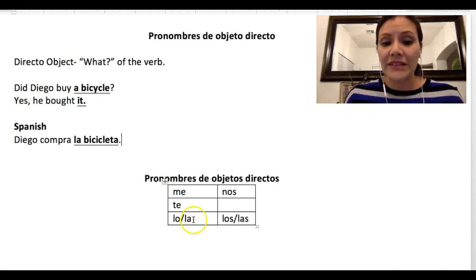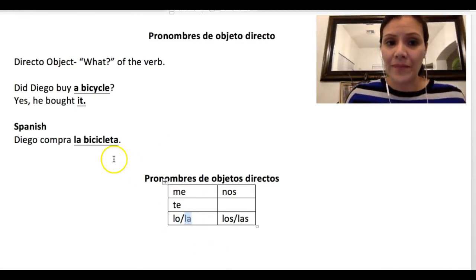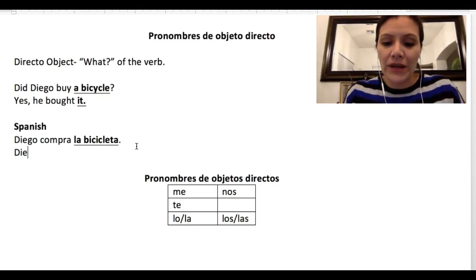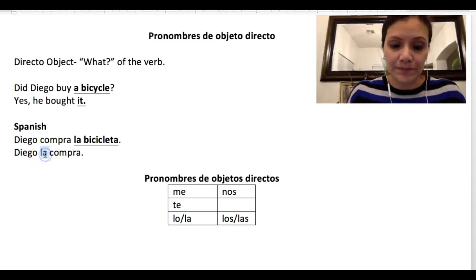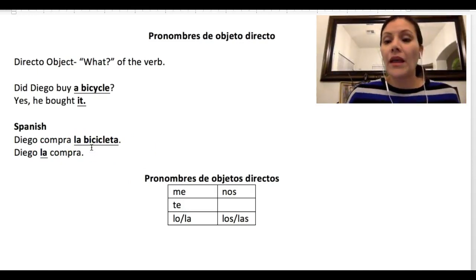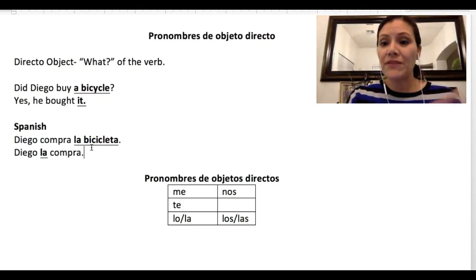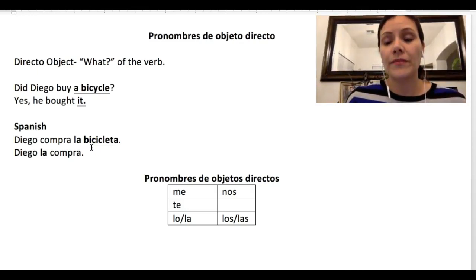So we will replace it using la. And that means that we can rewrite this sentence using the it form of Spanish for Diego la compra. Note that we are placing this direct object pronoun before the conjugated verb.